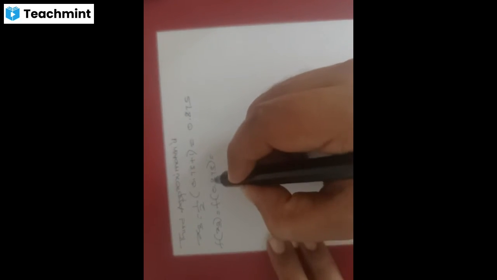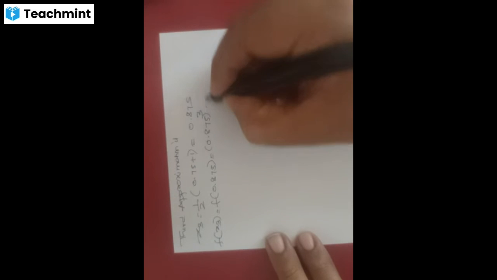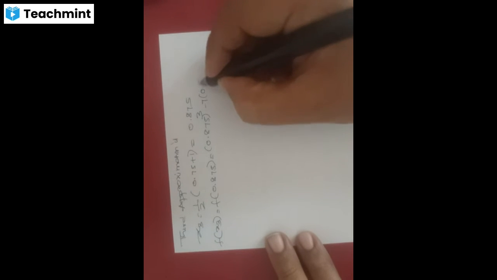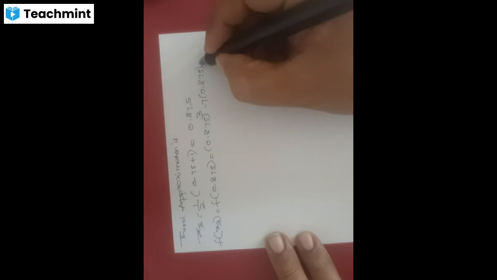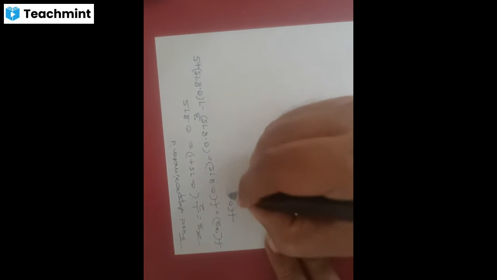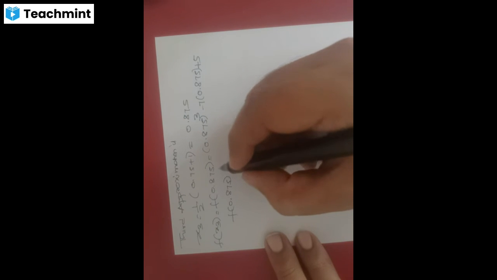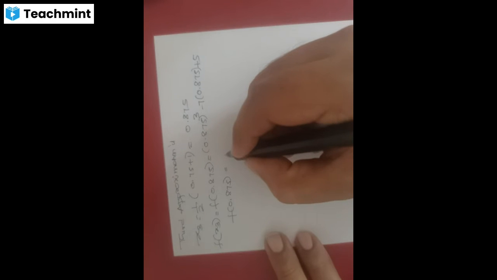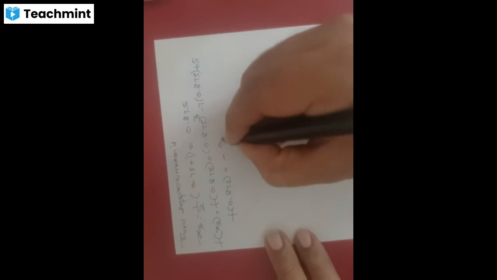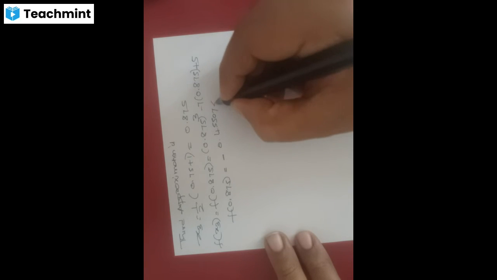In f of x, replace x by 0.875: 0.875 whole cube minus 7 into 0.875 plus 5. Simplification gives f of 0.875 equal to minus 0.45507, which is less than 0.